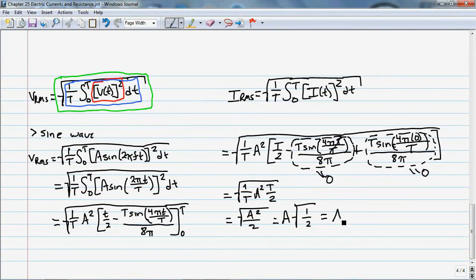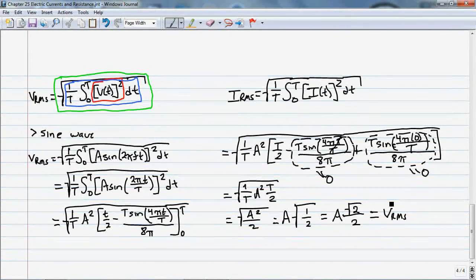Or you can simplify that to be A times the square root of 2 over 2. This is the voltage RMS, or the DC voltage that would be the effective value.